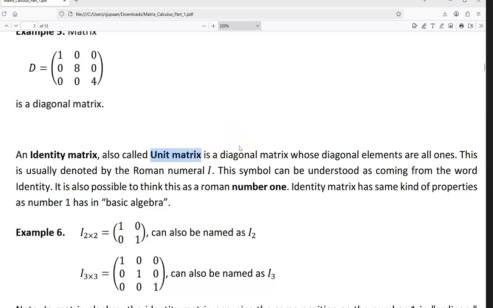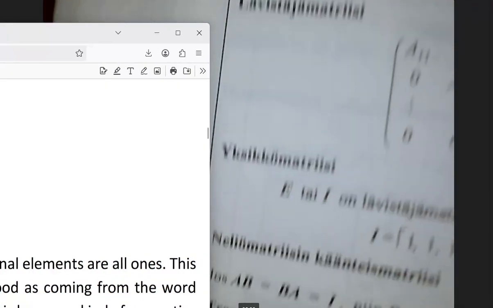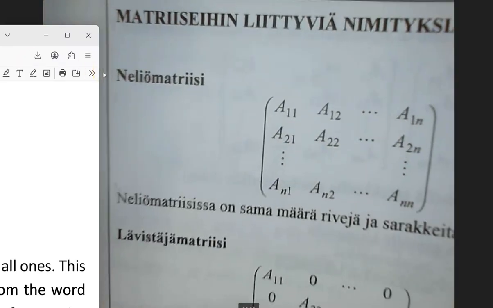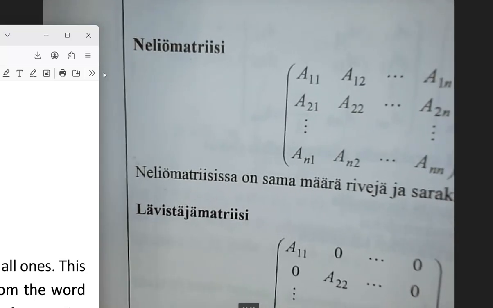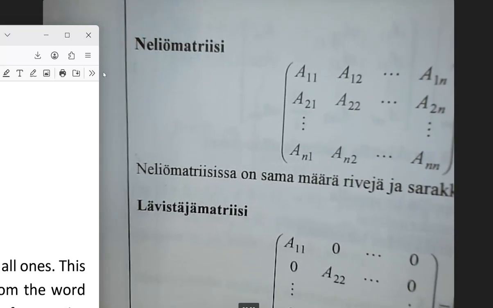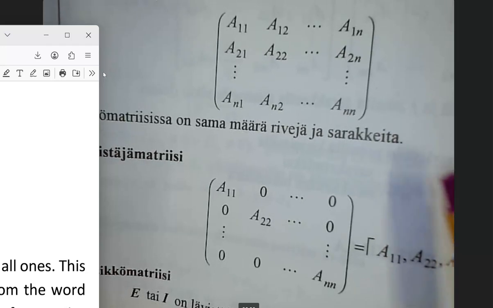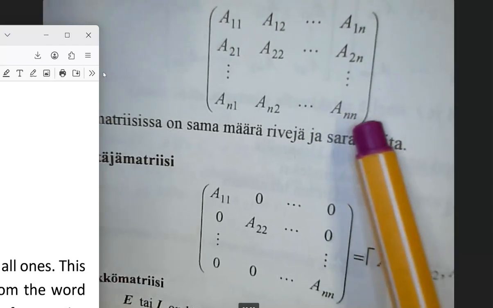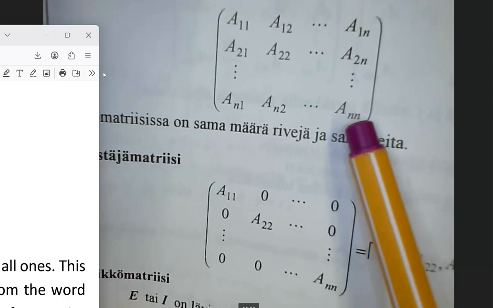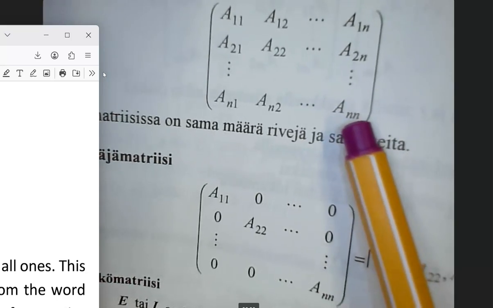In Finnish we say yksikkömatriisi. I will check if I find that word in my formula book. Here you can see this first one is in Finnish neliömatriisi. Neliö is the same as square. So this is a square matrix, because the indices of the last element, in the last row and last column, are nn.